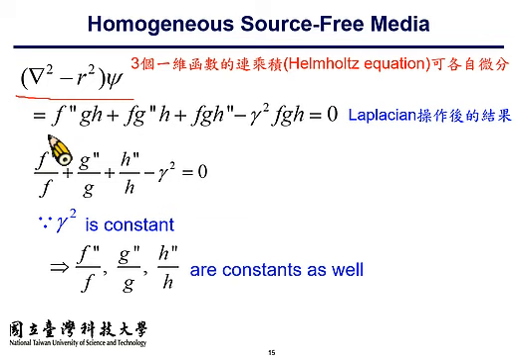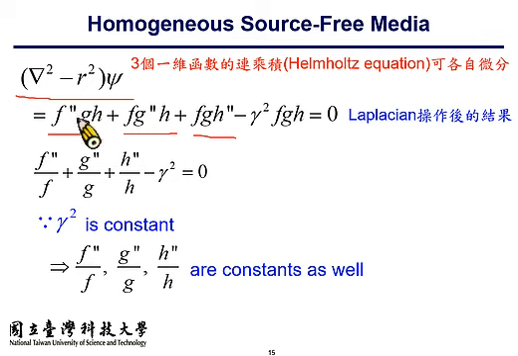That means you have performed the second-order spatial derivative in the Laplacian form in the x-axis, plus f g double prime h, that is the second-order derivative in the y-axis, and f g h double prime, that is the result of the Laplacian operation in the z-axis, equals gamma squared times f times g times h.